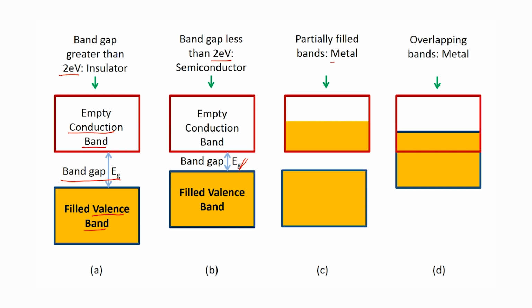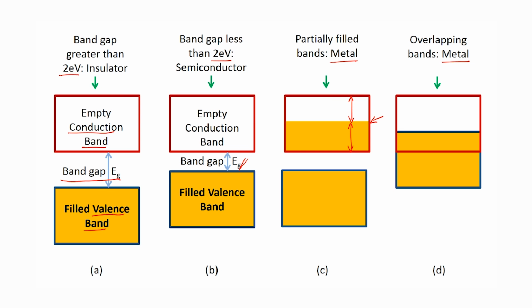Metals, on the other hand, have a very different band structure. Here also you can think of various bands being present, but the important thing is that in a metal there is a half filled band. This band is partially full, so within the same band you have both filled states and empty states.